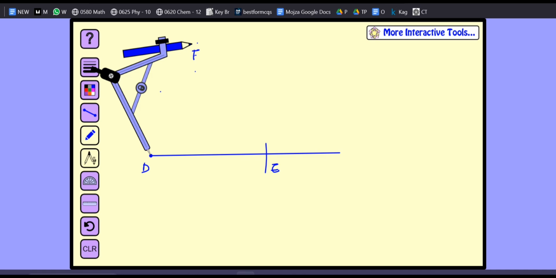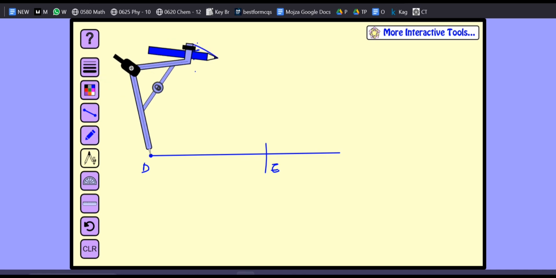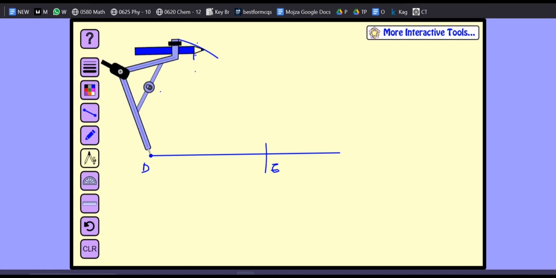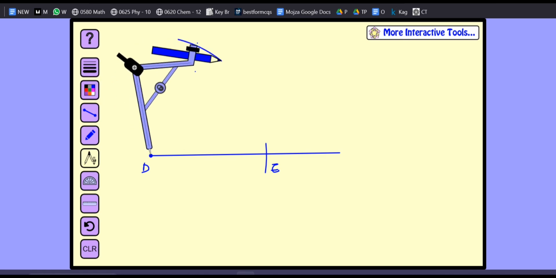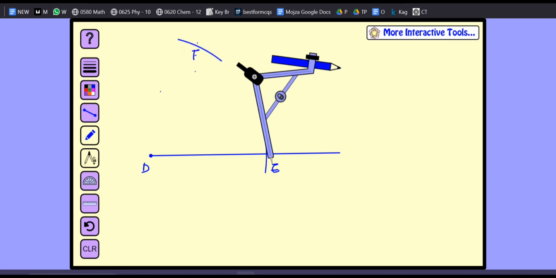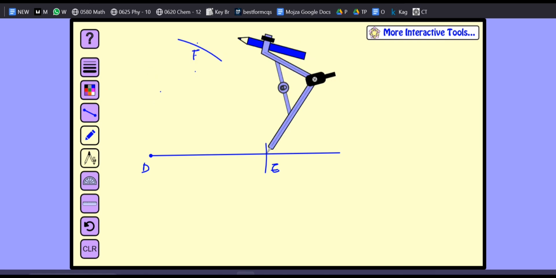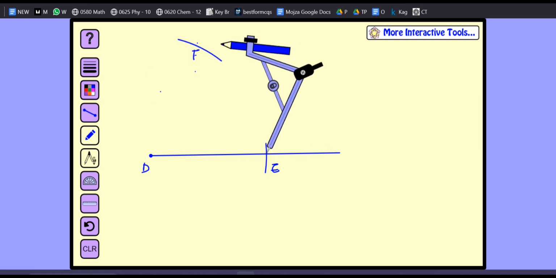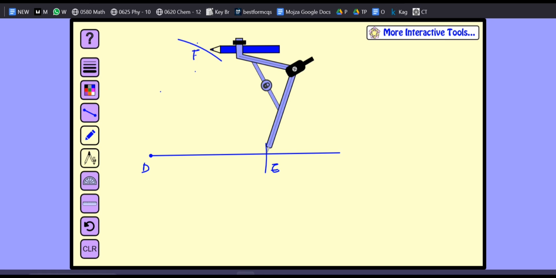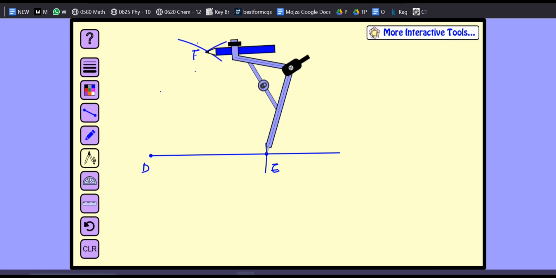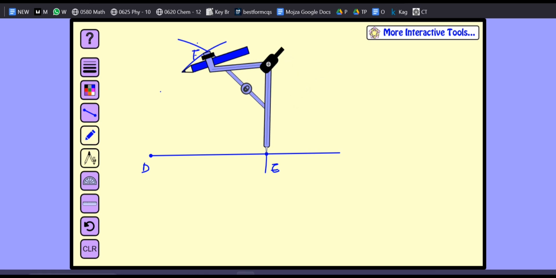Okay, what we are going to do is we're going to make an arc over here of 6.5 centimeter. Now we're going to take it over here and bring our pencil over here. You see, our pencil cannot move because I've locked it. Okay, that's why it's easier for me to draw.